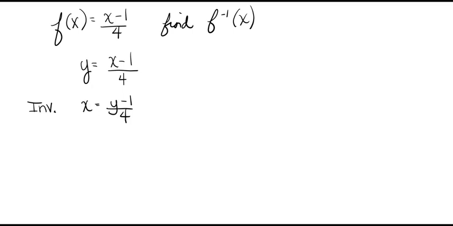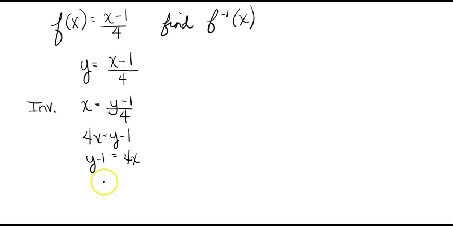Now I'm going to solve for y. Just do simple algebra. To get rid of this 4 off the denominator, I multiply both sides by 4. So I get 4x equals y minus 1. Now I like my y on the left side, so I'm going to switch them around. I'm going to need the reflexive property to do that. So anyway, I've got y minus 1 equals 4x, but I want y by itself.